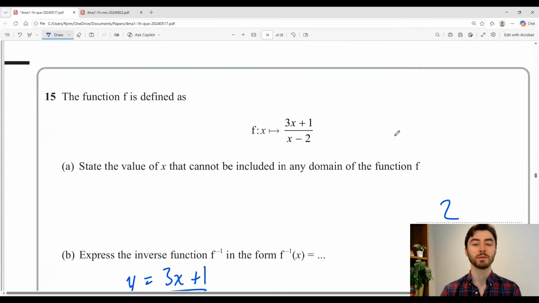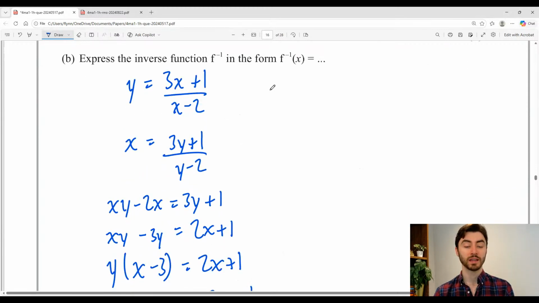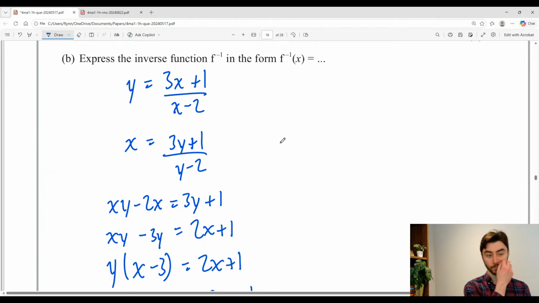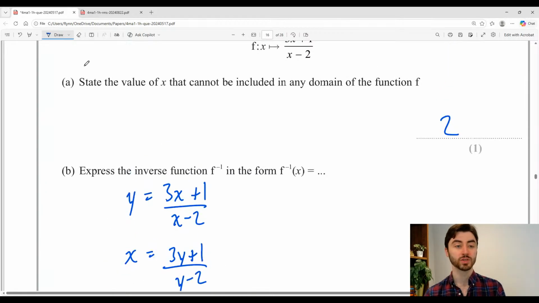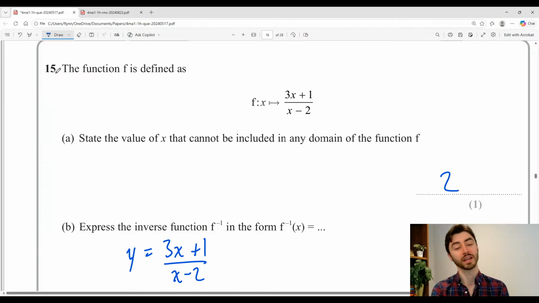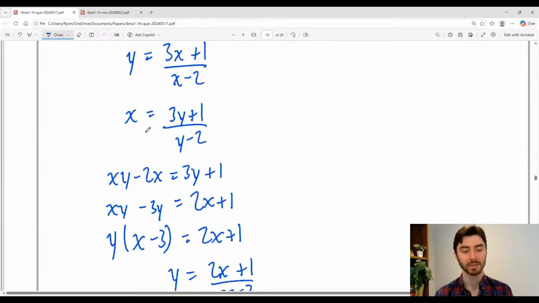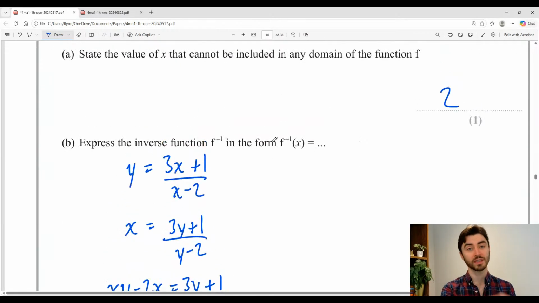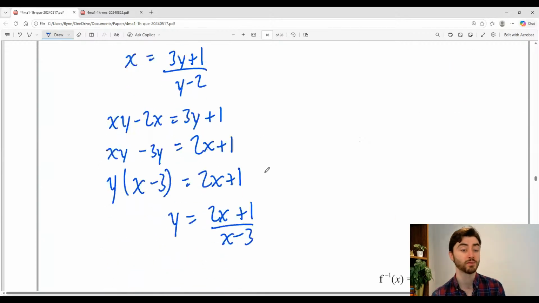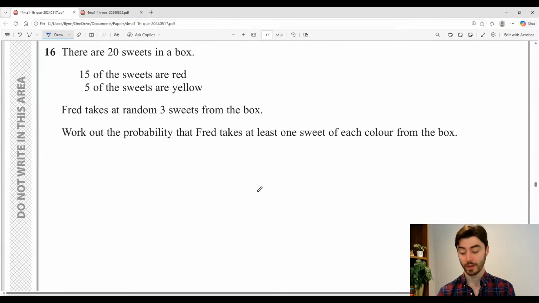So if they had asked me about the range in part A, they might expect me to say that therefore the domain of the inverse in B is the same as the range in A. Didn't happen here because it was earlier in the paper, but if this happened as like a final question, I might expect that to come up. But again, everything I've said there about the inverse of a quadratic and domain and range is something I would expect for iGCSE only.